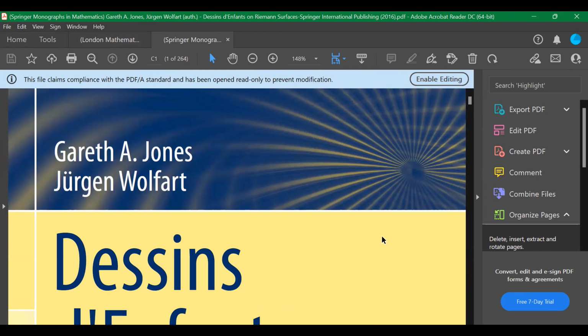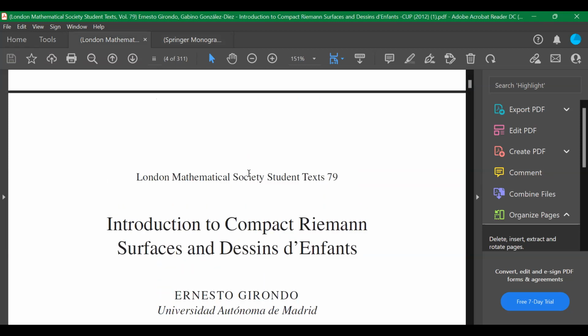Both these books have many things. Very good. This book was published in 2012.